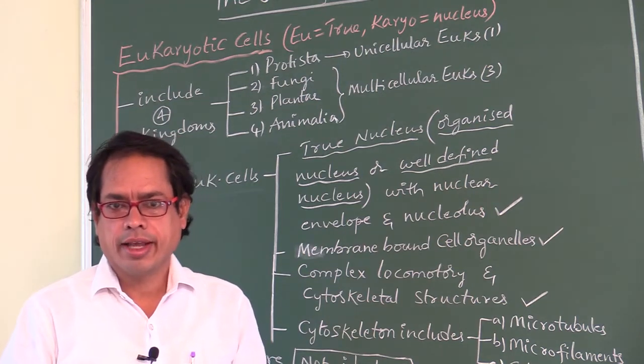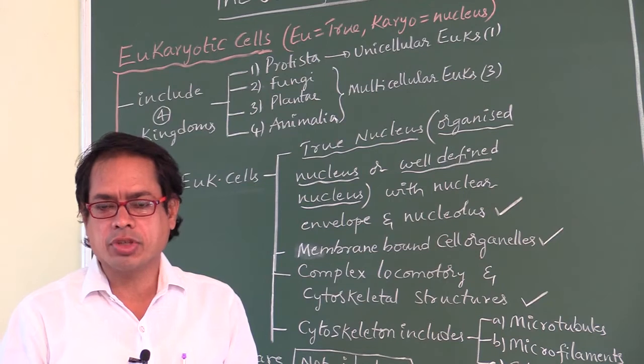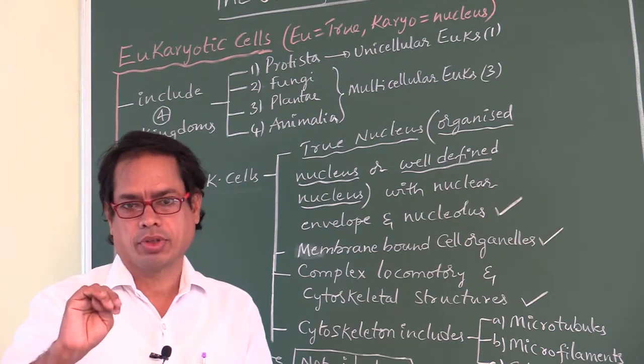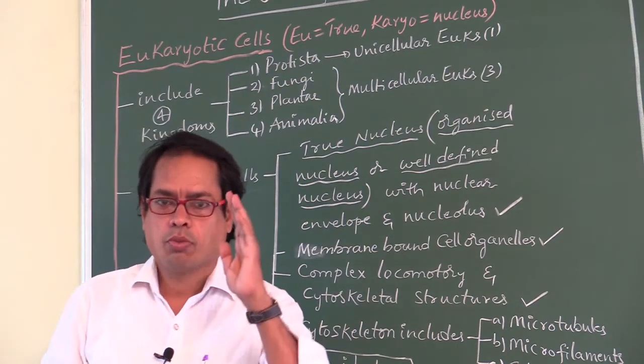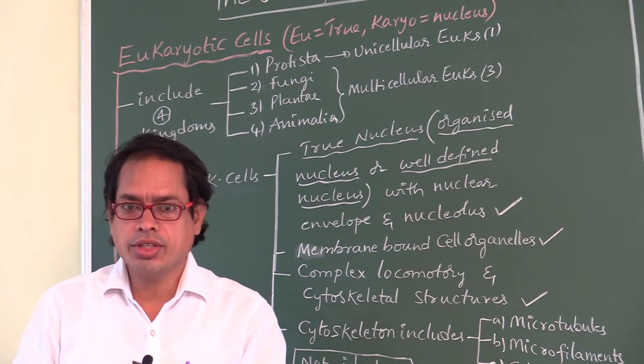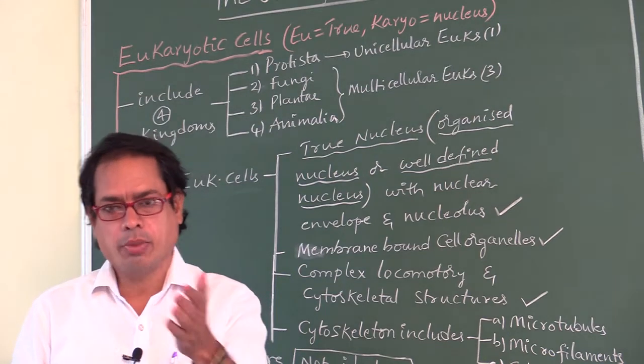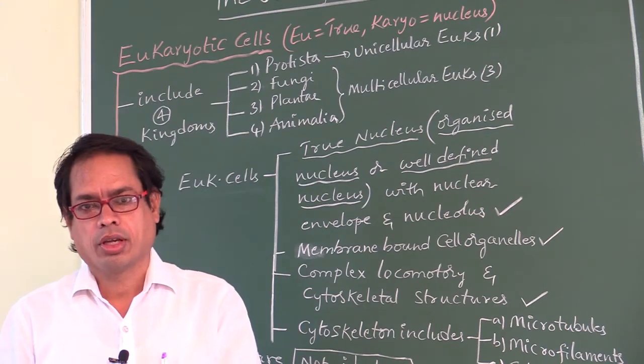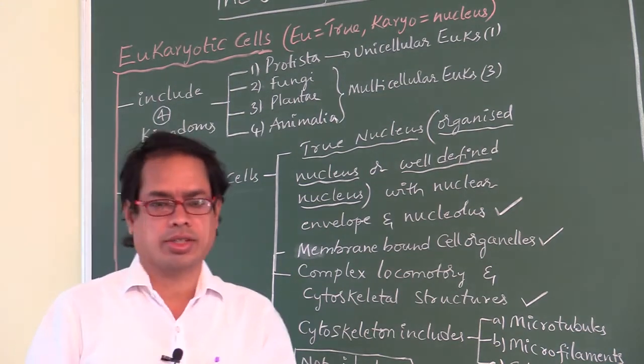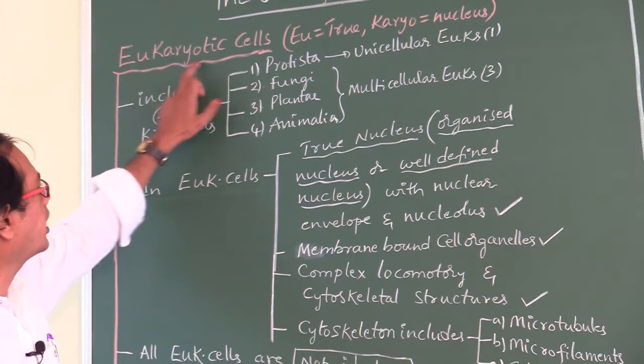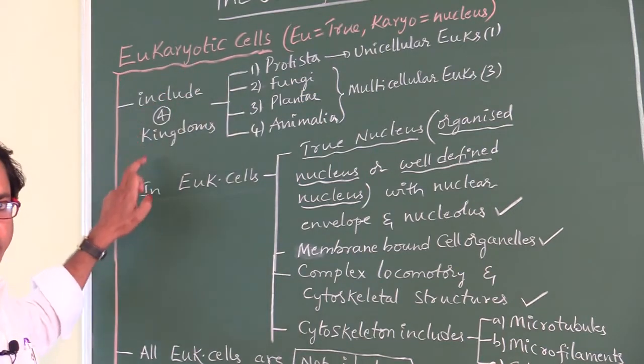So the number of eukaryotic kingdoms is 4. Of these, Protista is unicellular eukaryote, remaining all are multicellular eukaryotes.